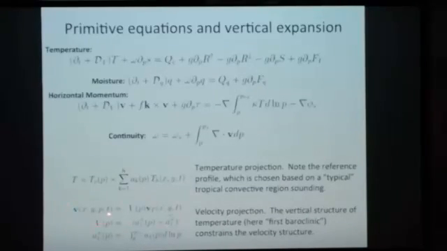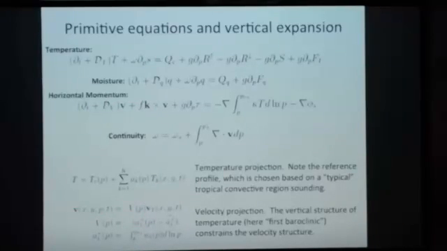So we have the velocity, which appears in this horizontal momentum equation, a function of x, y, pressure, and time, which we'll write as this coefficient V of p, which contains the pressure dependence, times the field that depends on longitude, latitude, and time. So by doing this expansion and plugging it into these equations, everywhere you have a temperature, you replace it by the expansion, and everywhere you have a vector v, you replace it by this.